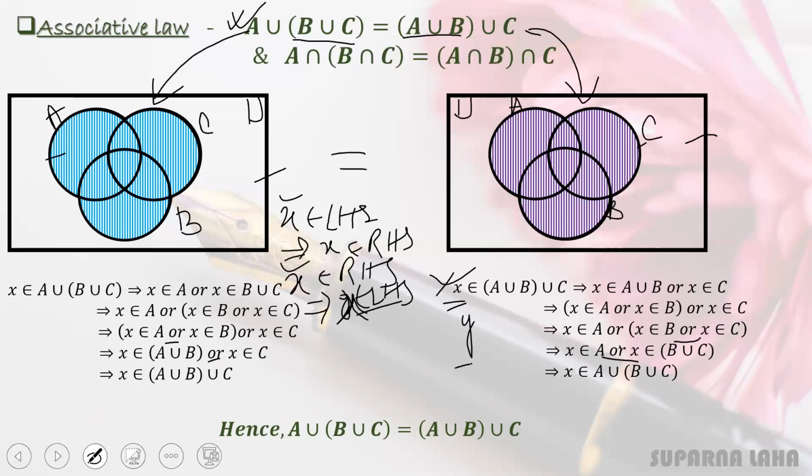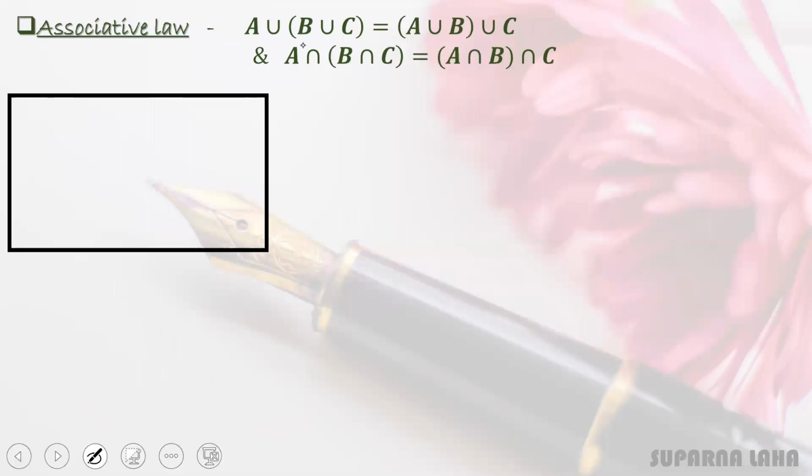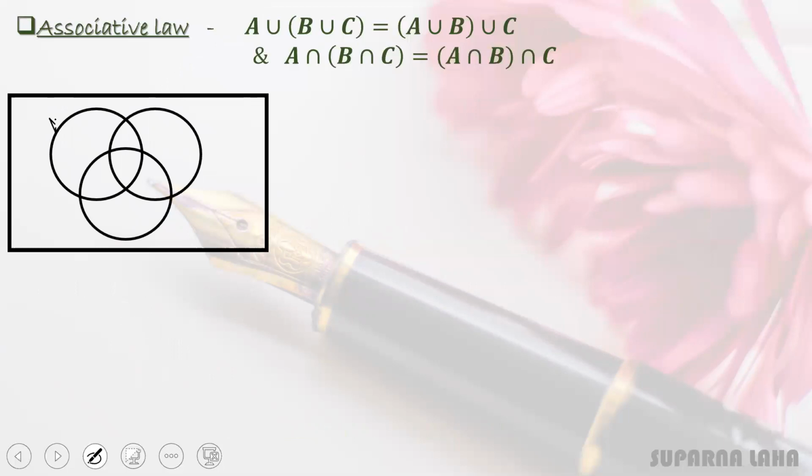Next is the second law, the intersection one. Take the sets A, B, C. This is A, this is B, this is C, and this is the universal set U. Now take first B intersection C. This is the portion.